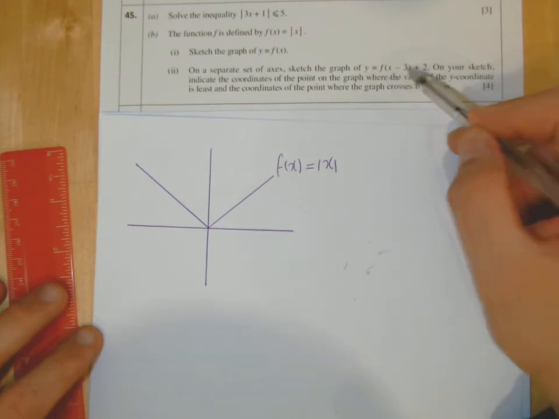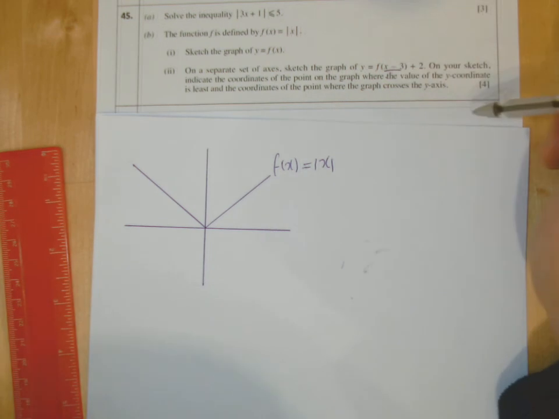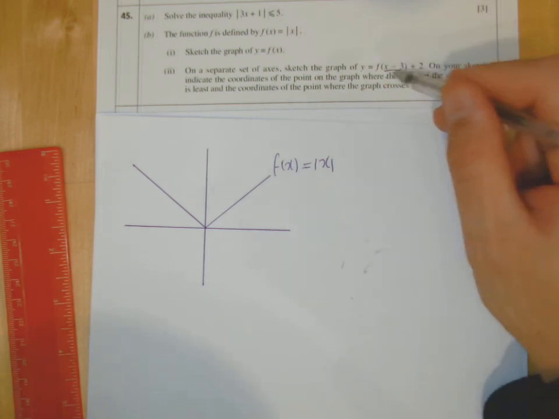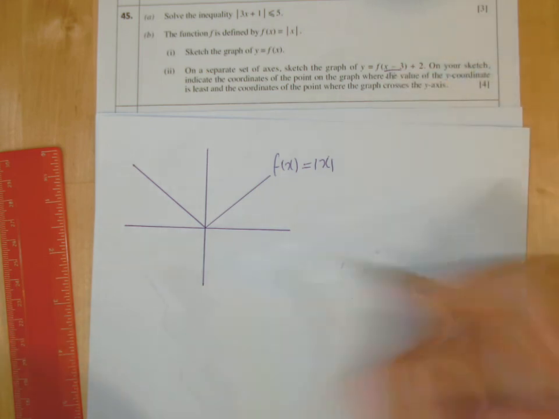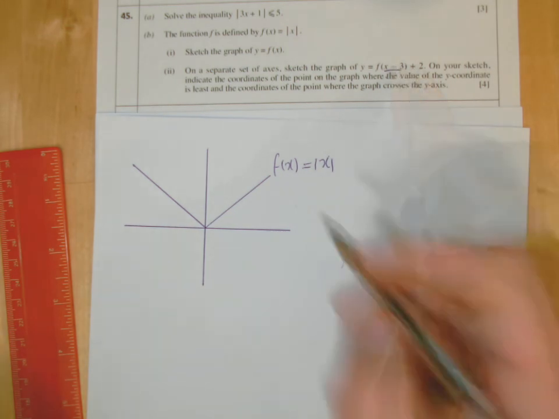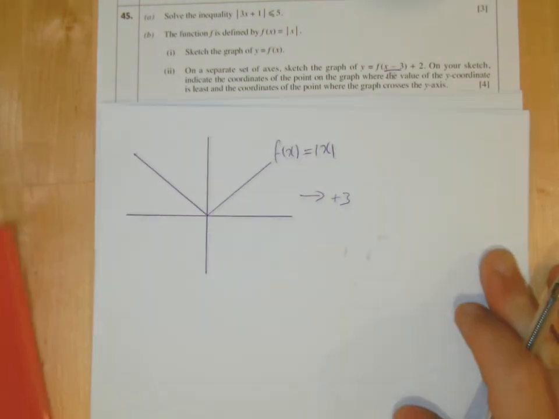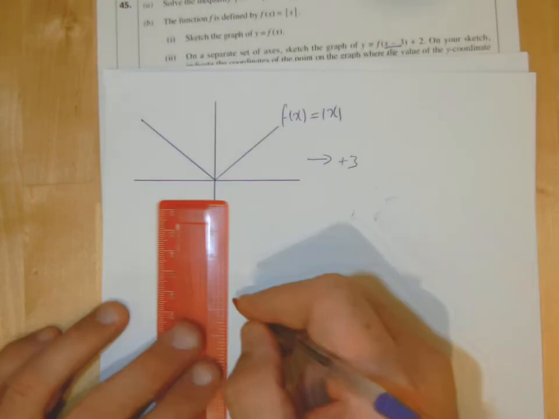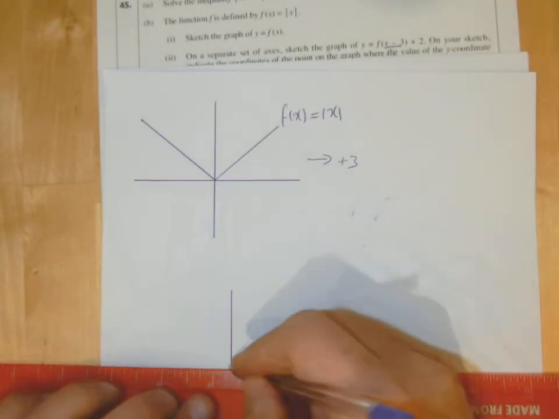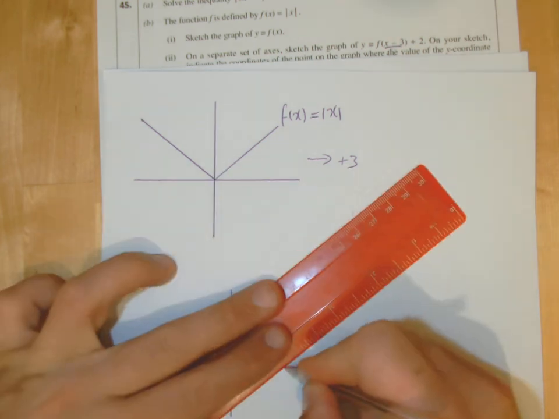With a transformation, always focus in the bracket first. Let's do this minus 3 bit first, in here, and it's in the bracket, it affects the x-axis, doesn't it? So you're moving across, and also in the bracket, you always do the opposite. So because it's minus 3, you're going to go plus 3, you're going to go this way, so this gets shifted across 3.